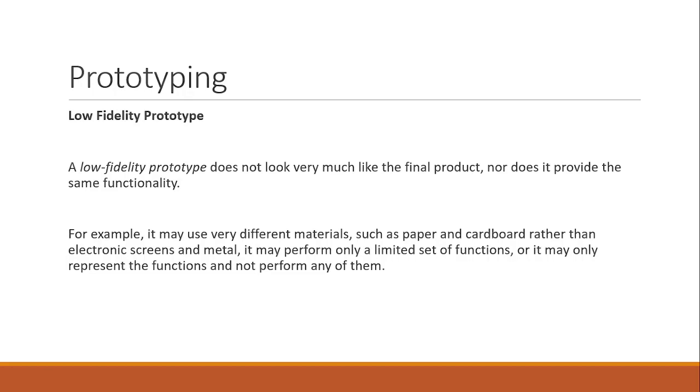This type of prototype is very simple and does not represent the functions present in your application. Most likely, this represents the concept of your app. It may use very different materials such as paper and cardboard rather than electronic screens, or metal. So do not expect the details to be found in a low fidelity prototype.